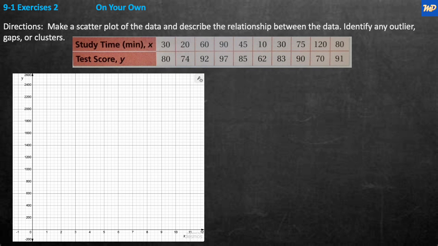So I provided a chart. It's hard to see the numbers, so you have to make up your own. But the bottom goes 1, 2, 3, 4, 5, 6, 7, 8, 9, 10, 11, 12. I'm going to say those could be 10s, right? 10, 20, 30, because it's 20 minutes, 30 minutes, 60 minutes, 90 minutes. You can kind of play with that. And then going up, it's 200, 400, 600, 800.